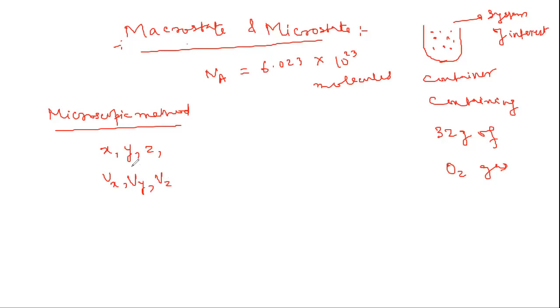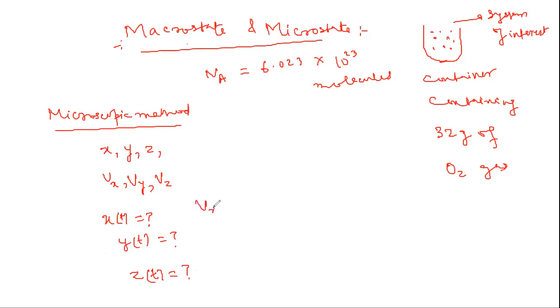That means for each particle, you have to find out the dependence of these 6 coordinates. You have to find x of t, which gives the dependence of its position on time, y of t, and z of t.